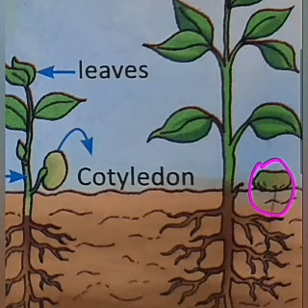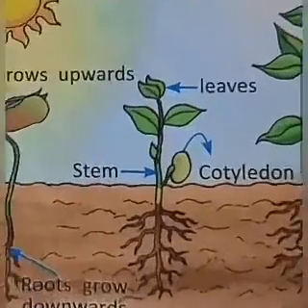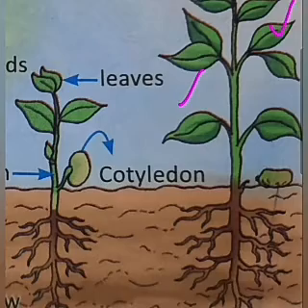So children, what was the role of cotyledons? Yes, the cotyledons were providing food for the baby plant. So finally the seedling grows in size and develops leaves which make food for the plant through photosynthesis, and the roots absorb water and minerals from the soil.